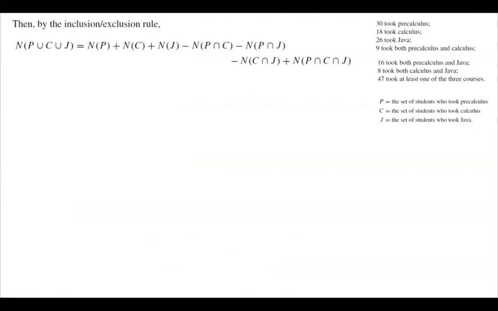By the inclusion-exclusion rule, we know that the size of the union of P, C, and J is n of P plus n of C plus n of J minus the cardinality of each pairwise intersection plus the cardinality of the intersection of all three.